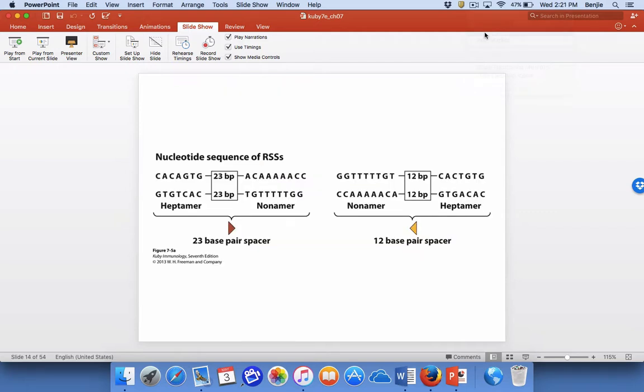Where I'm going to introduce the concept of the one-turn, two-turn events that occur. So you're always going to have a 12 base and a 23 base that fold together. Usually you'll have a 12 base on, say, a joining region and the 23 base on the variable region. It's not always like that. It can be backwards. You can have the one turn over here and the two turn over there.